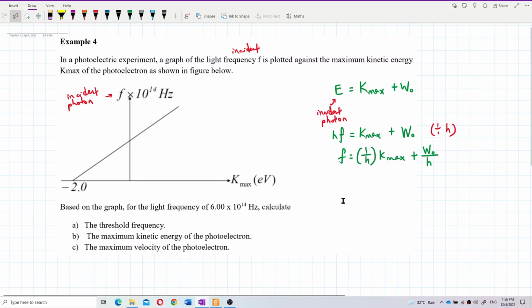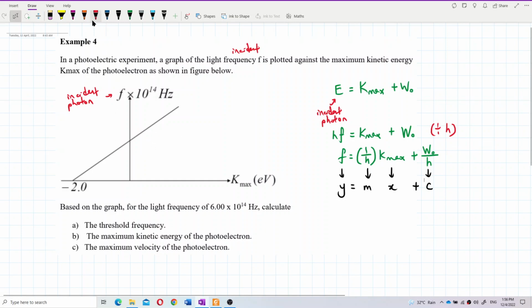You see that? Here I have built an equation of the form y equal to mx plus c. So I can compare. The y-axis is frequency, and the x-axis is Kmax. The gradient of the graph is 1 over h.